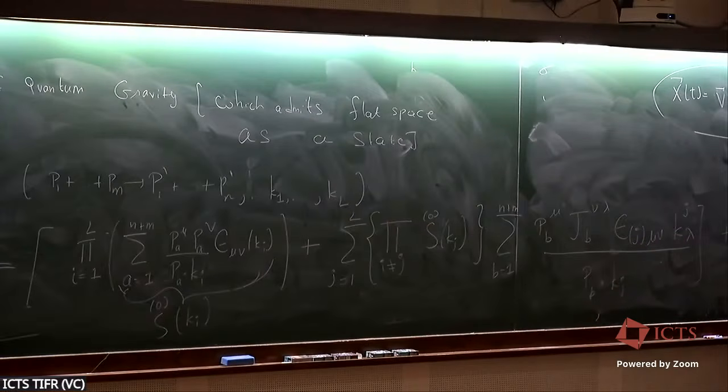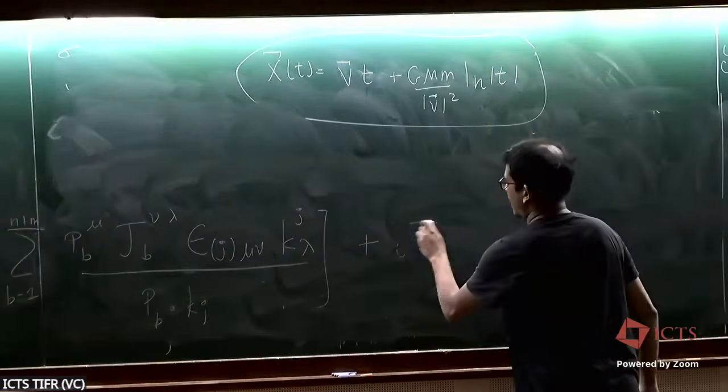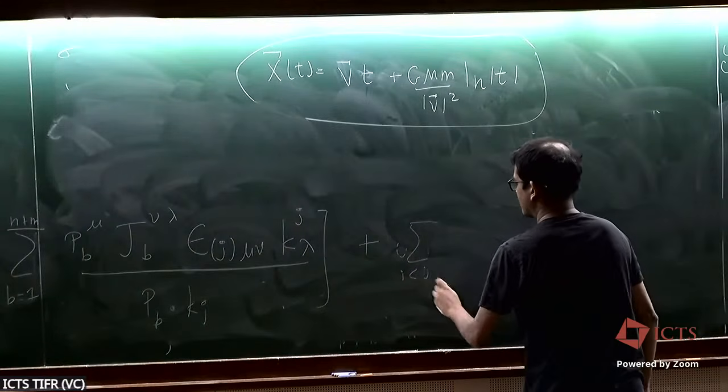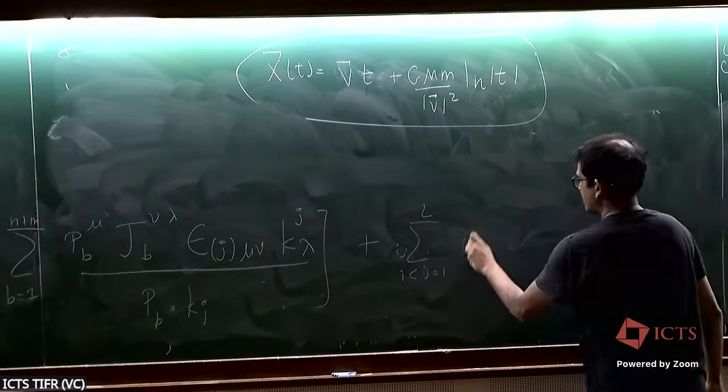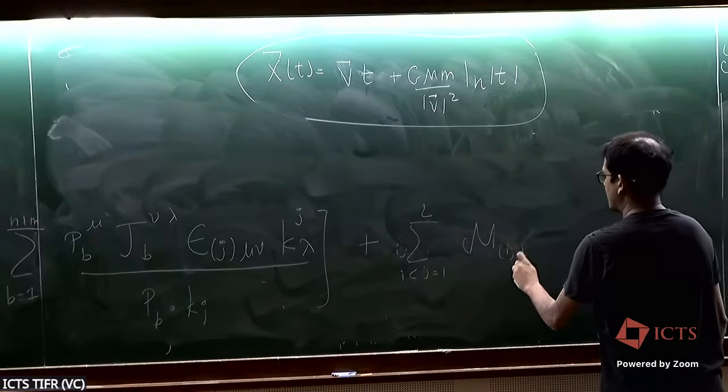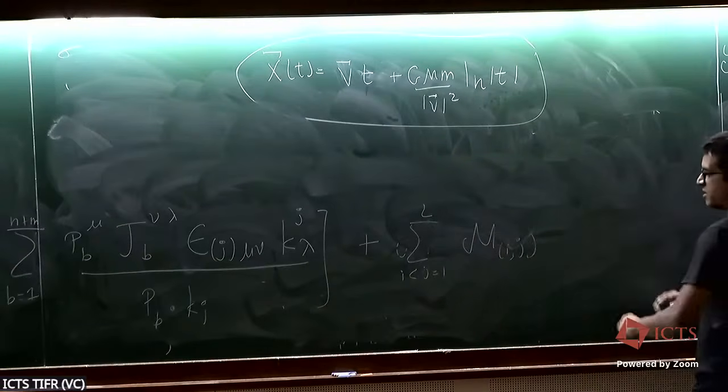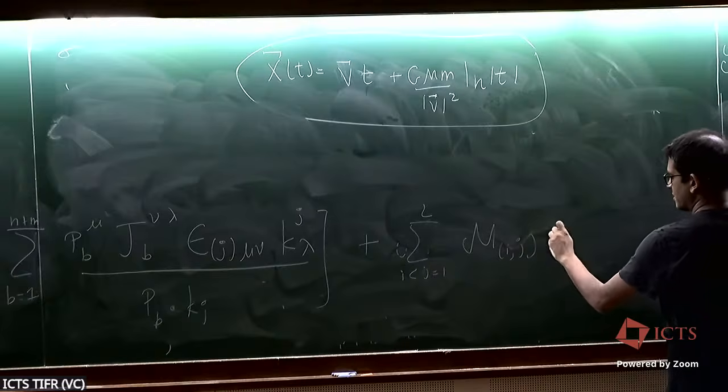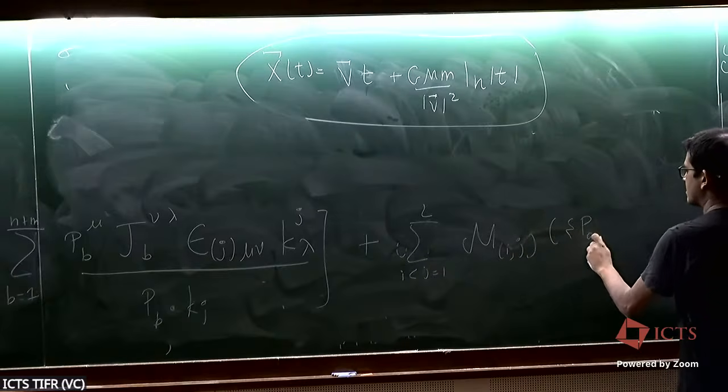And then there is a term which is complicated, I won't write it, but it is something that involves pairwise. So it is a sum over all i less than j from 1 to L, some term which I just call Mij. And it will depend, of course, on all the momenta of the other particles, Pa.